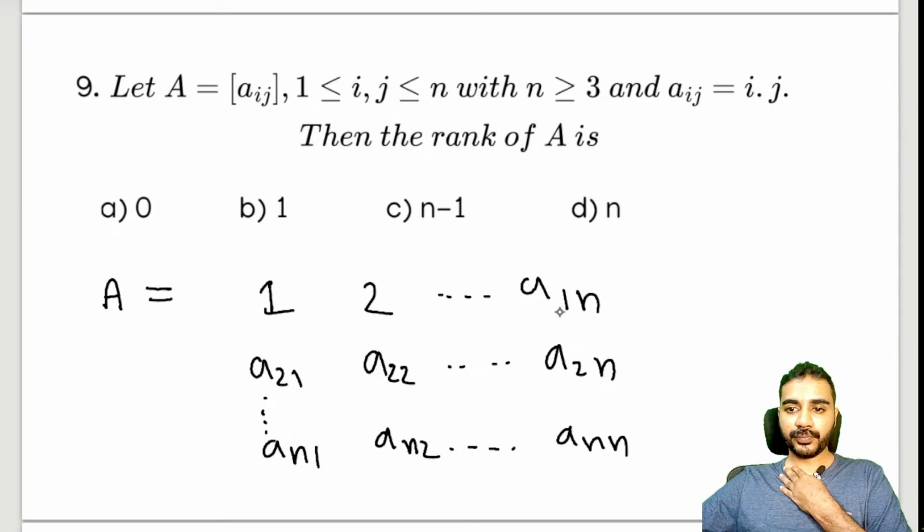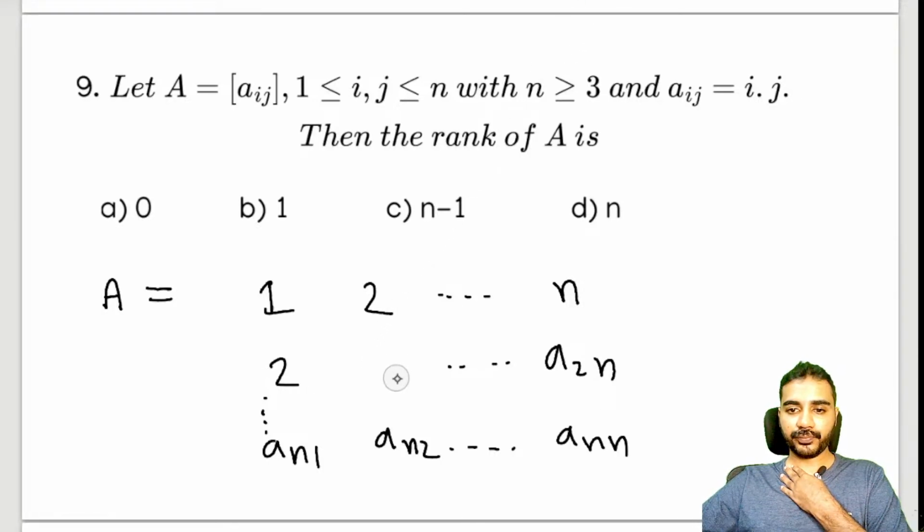Similarly, A1n is 1 into n, that is n here. Okay. Similarly, A21 is 2 here, A22 is 4 here.